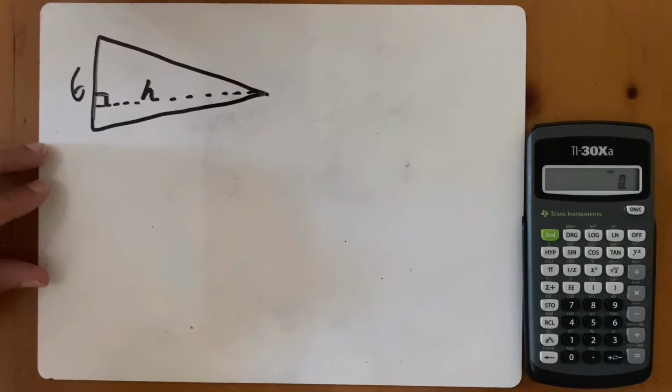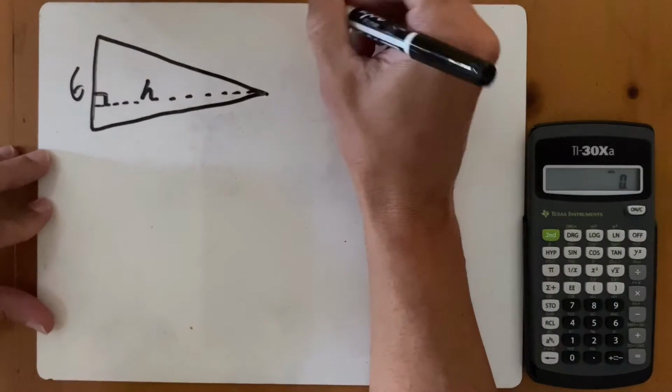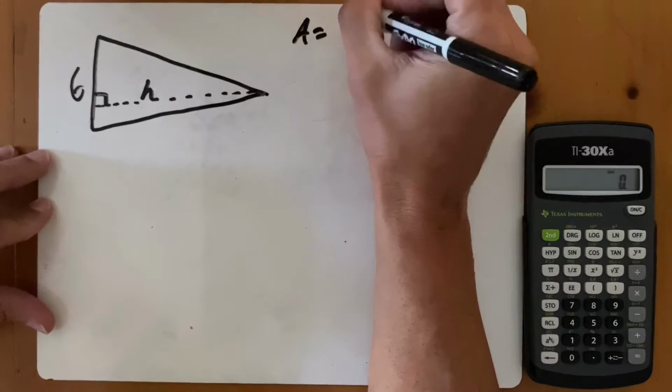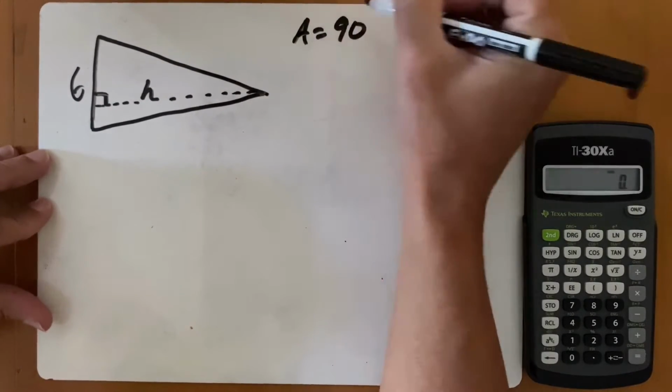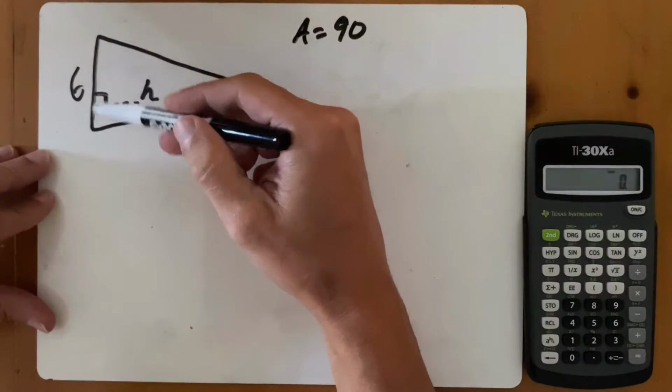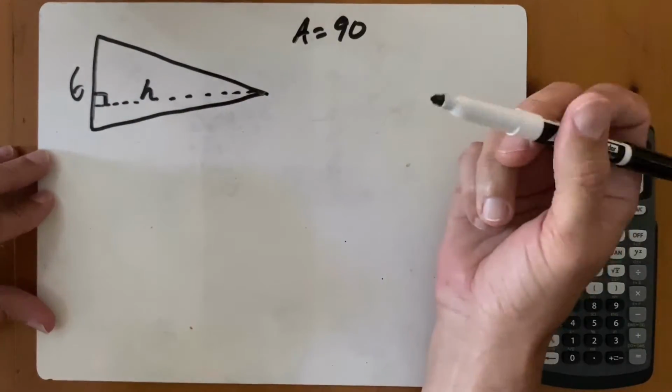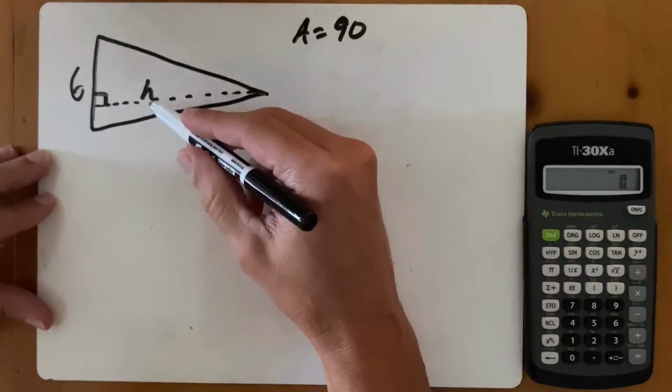Okay, next up we have a triangle, and they want us to find the height of the triangle given that the area is 90 square feet. All right, so this time they're giving us the area and they want us to use that and this side of the triangle here to find our height, which is represented by h.